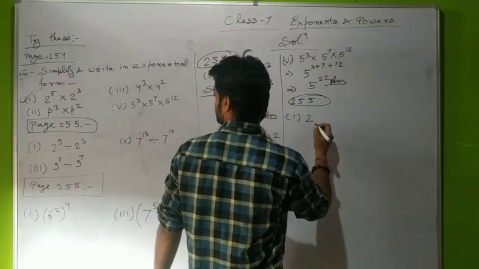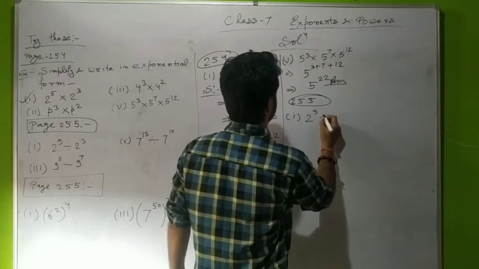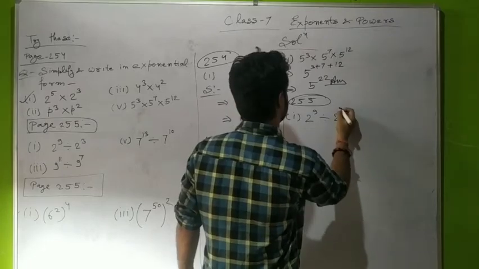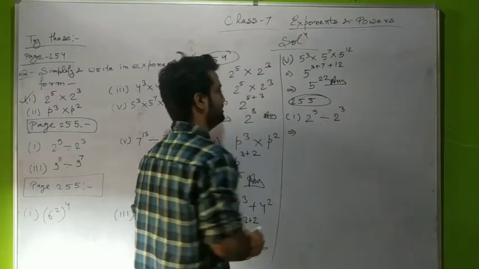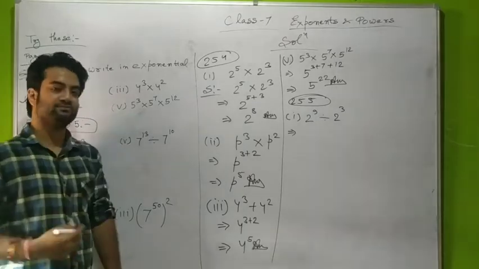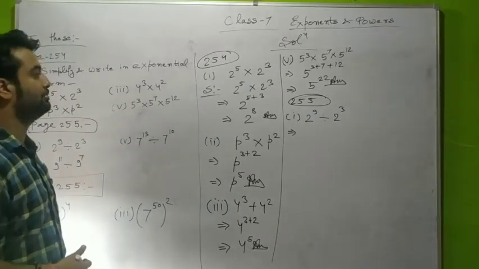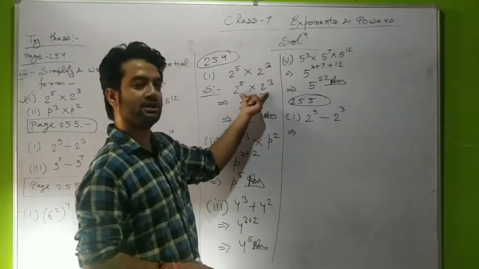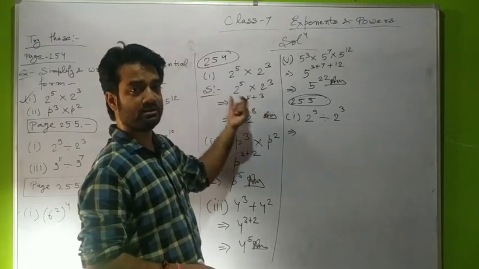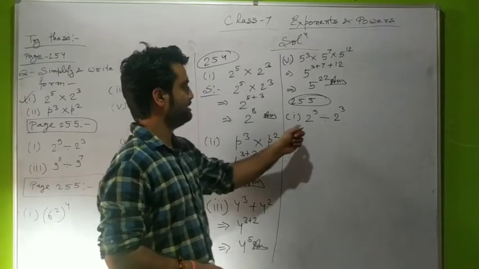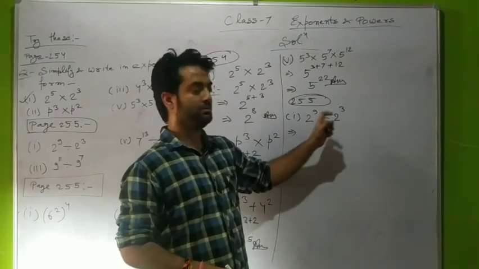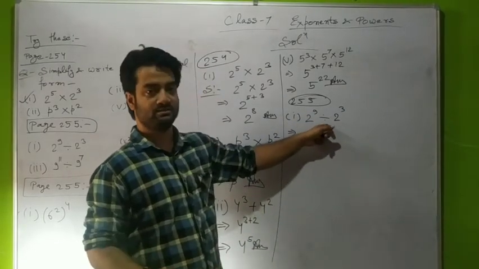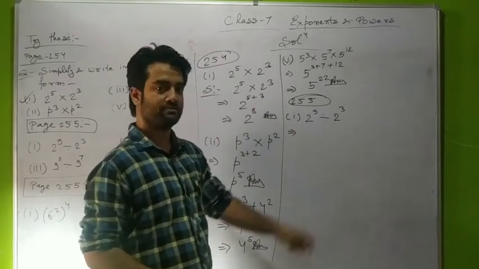The first one is 2 raised to the power 9 divided by 2 raised to the power 3. This is just opposite, as we have discussed in our properties, that if the bases are same and numbers are multiplied, then powers are added. But when bases are same but the sign is of division, then the powers are subtracted.